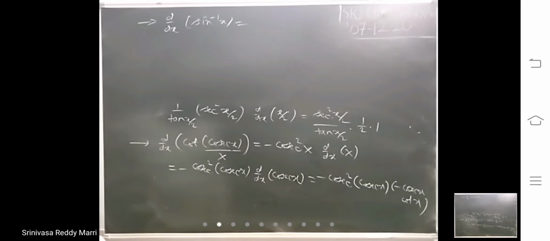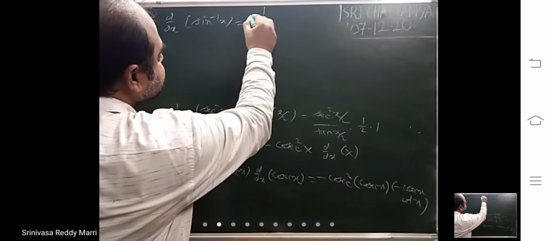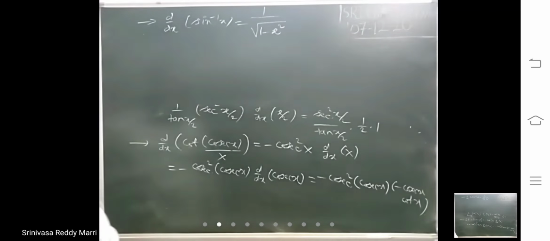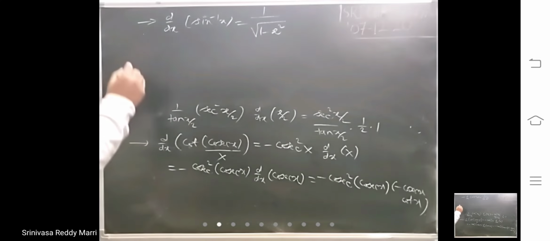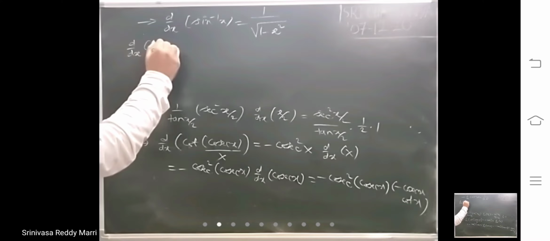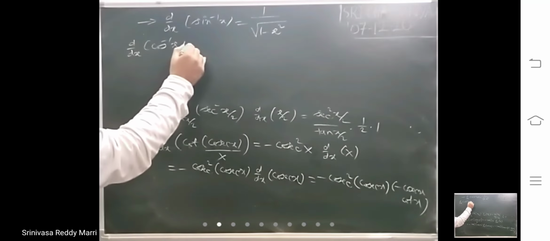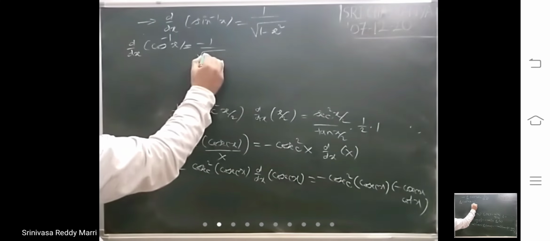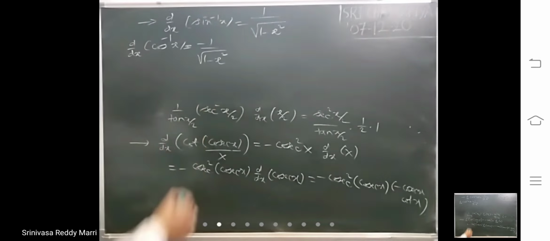D by dx of sine inverse x, remember this formula, is 1 by root of 1 minus x square. D by dx of cos inverse x is minus 1 by root of 1 minus x square.